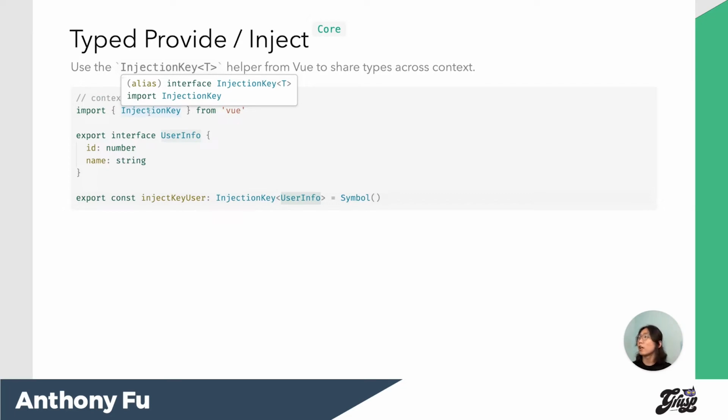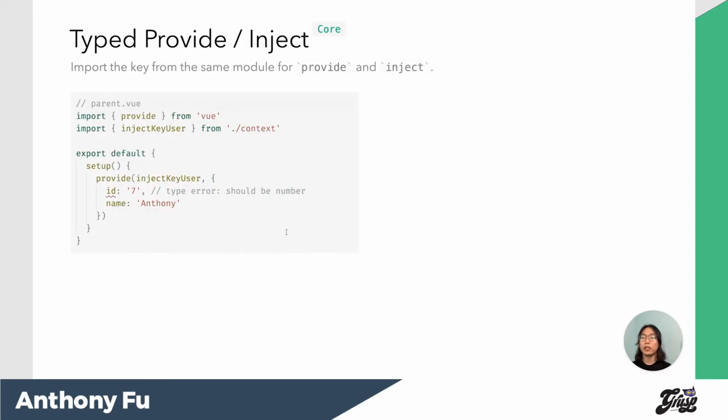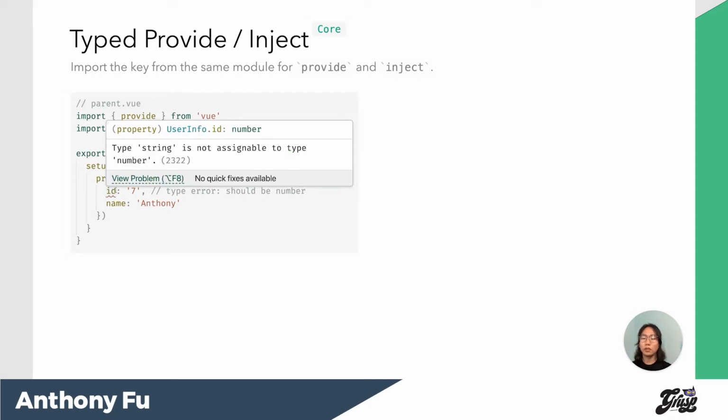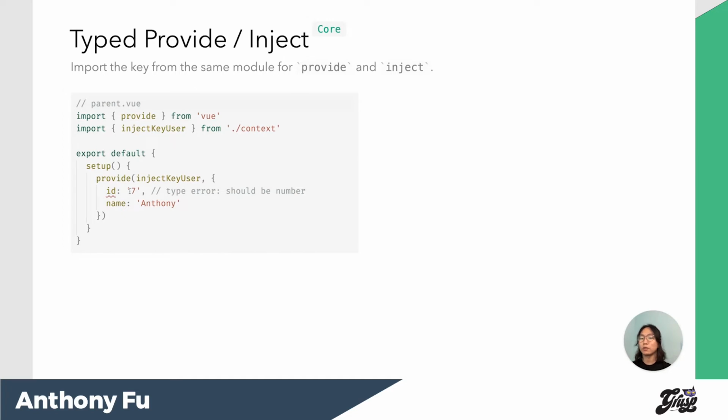For example, here I define an interface UserInfo which contains two properties, and I expose a symbol with the injection type. In usage, I can use the provide function to provide the data with the key. As you can see, I got a type error that id should be a number, so I can catch the error right away before it goes into production.